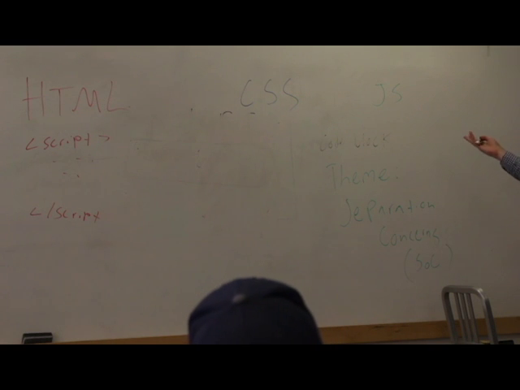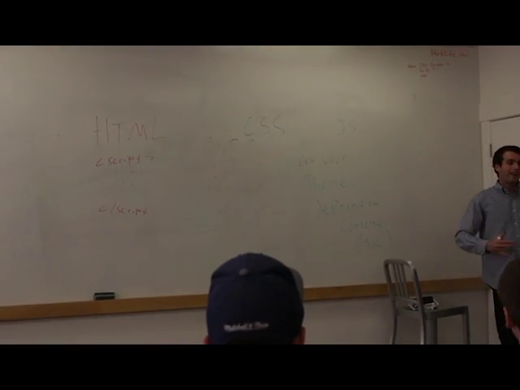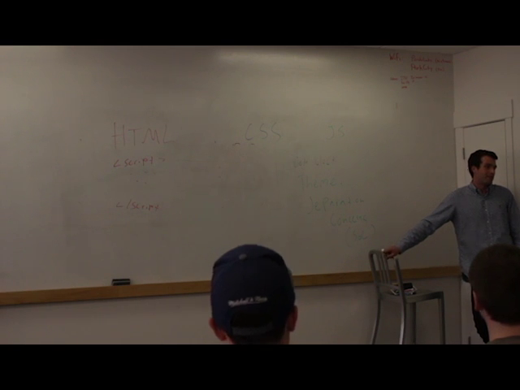HTML is like the nouns, CSS is like the adjectives, JavaScript is like the verbs. You'll see this theme over and over again when we talk about web architecture, separating out different components with different priorities, different objectives.